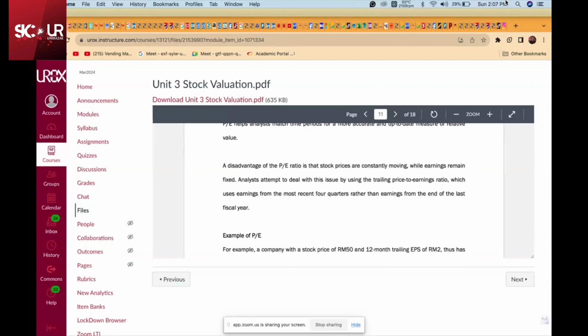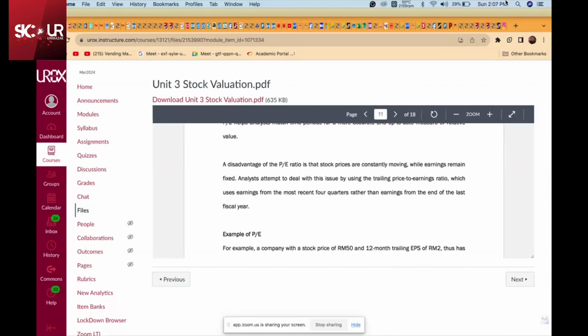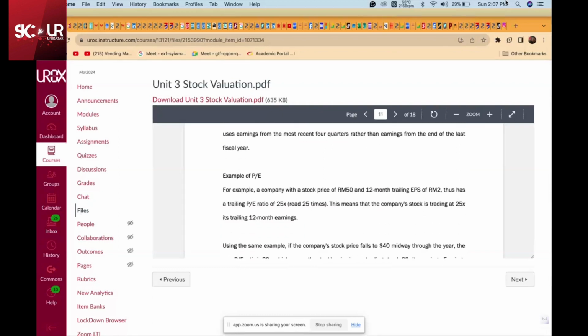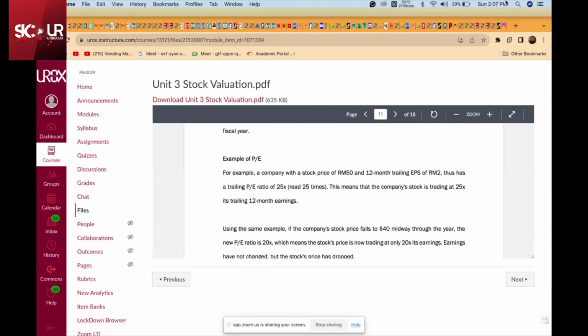So analysts attempt to deal with this issue by using the trailing price earning ratio, which uses earning from the most recent 4 quarters rather than earning from the end of the year. So by using the quarterly report, we will overcome this.